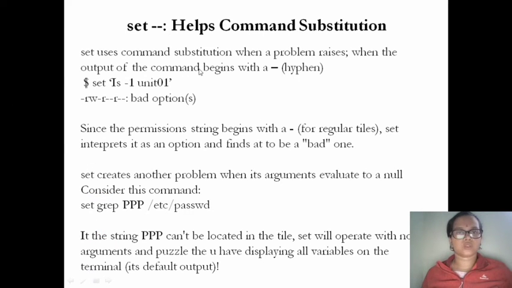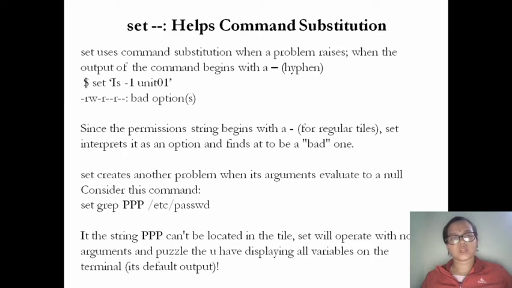So set uses command substitutions. Substitutions can be checked when a problem arises, when the output of the command begins with a hyphen. Whenever you do a set, a hyphen means the problem will begin there.